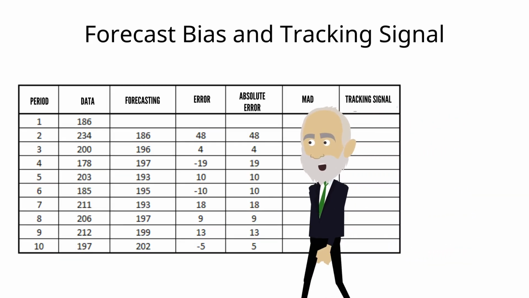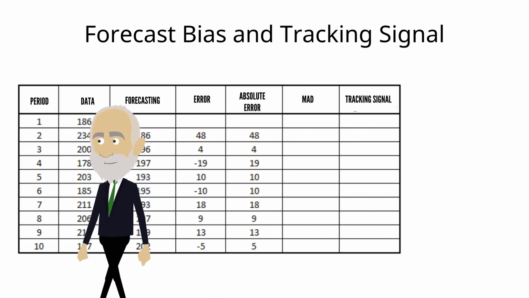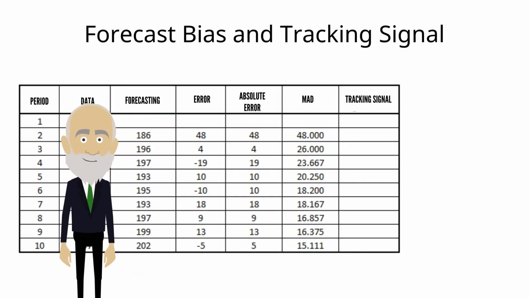Now we obtain the MAD in each row. Let me explain how to get the MAD column. In period 2, we only have one data point, and the value in this column is just the average of one data value.